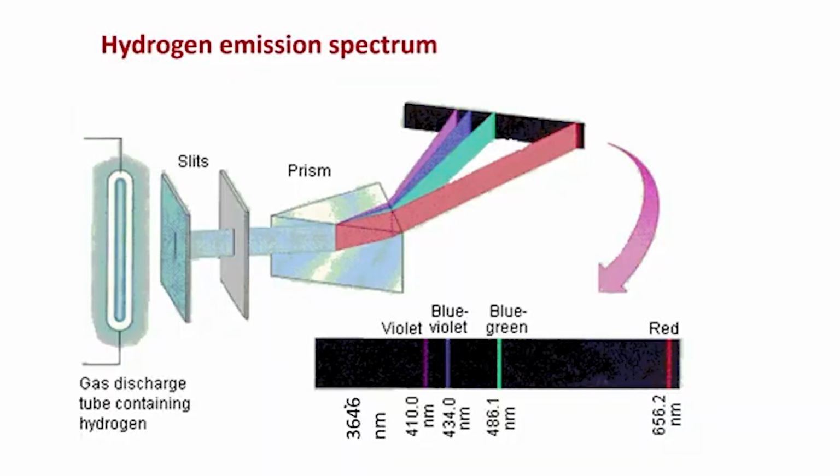So, this is the emission spectrum of the hydrogen atom, and you see a red line at 6562 angstrom or 656.2 nanometer, and there is a blue green, a blue violet and so on. These spectra are seen due to the emission lines of the hydrogen atom.